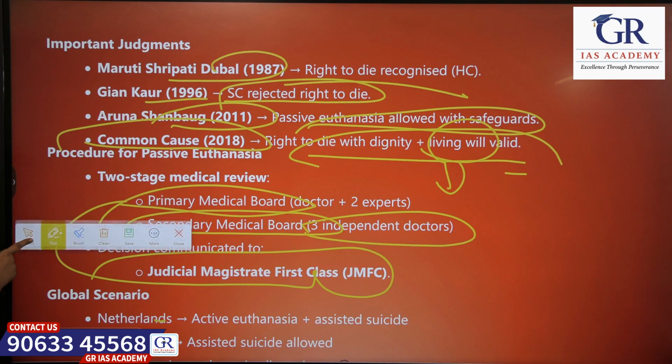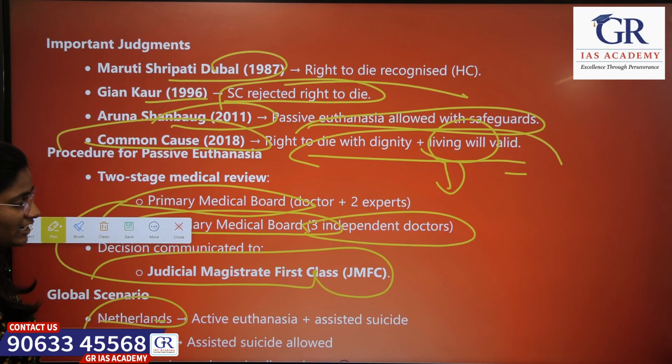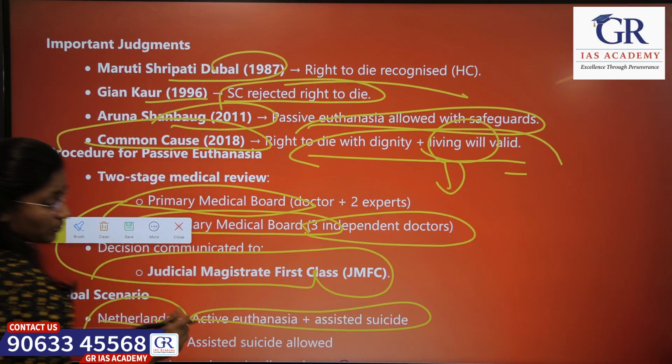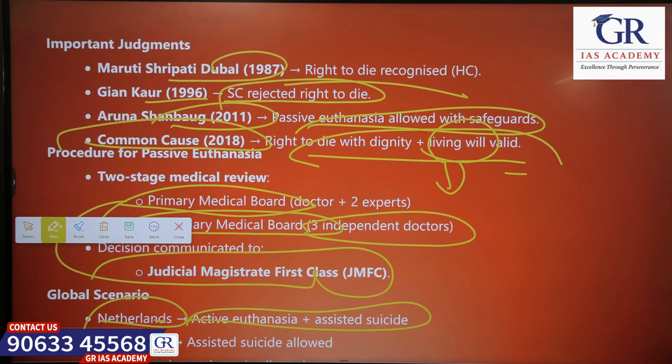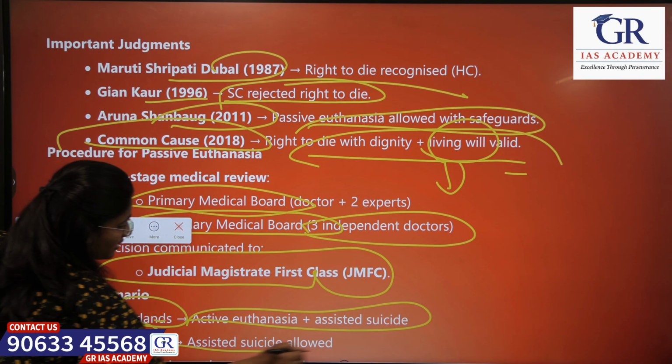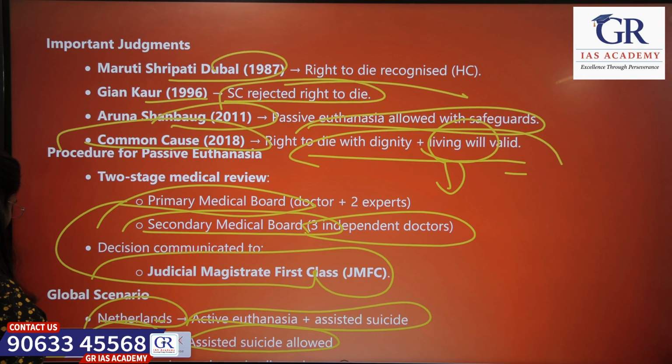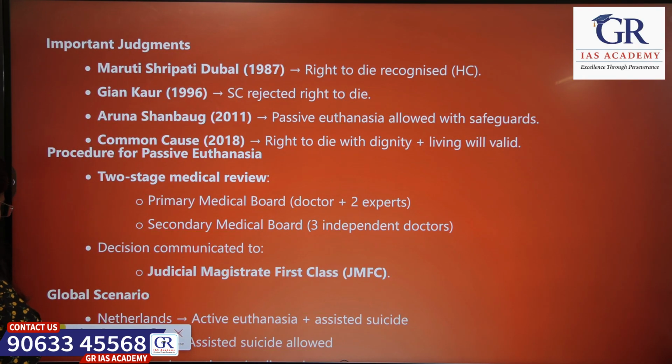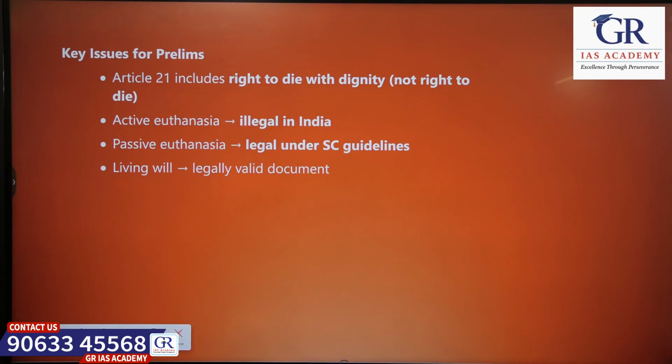Okay, what about the global situation? In Netherlands, active euthanasia and assisted suicide are also legal. In Switzerland, assisted suicide is also allowed. So globally, euthanasia is valid in a few countries as well.